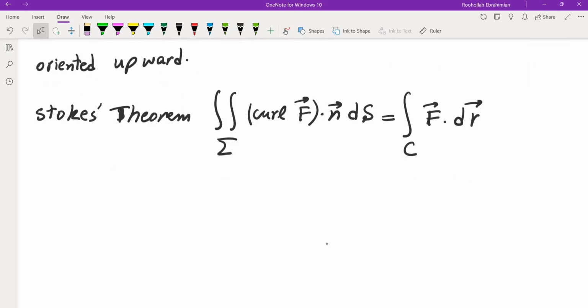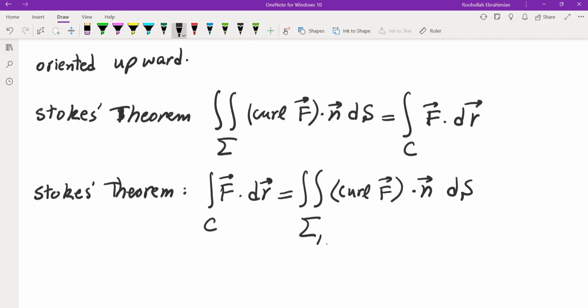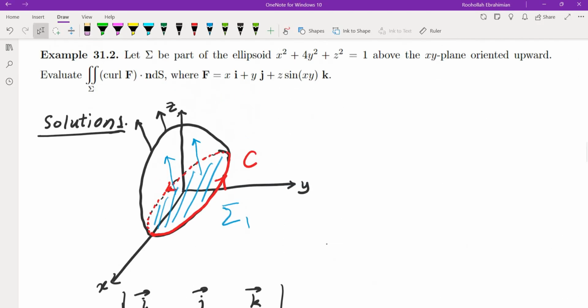Okay, we can also apply Stokes theorem again. If we apply Stokes theorem again, we can change our surface to something much simpler. So we could say the line integral over C of f dot dr is the same as the surface integral over a different surface, this time a simpler surface. It is just the bottom surface right here, the ellipse.